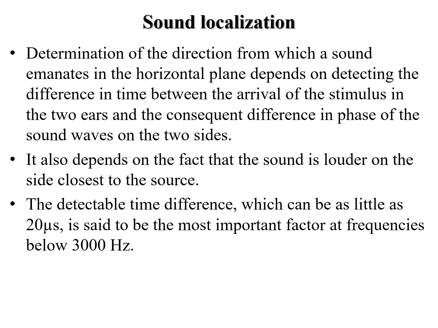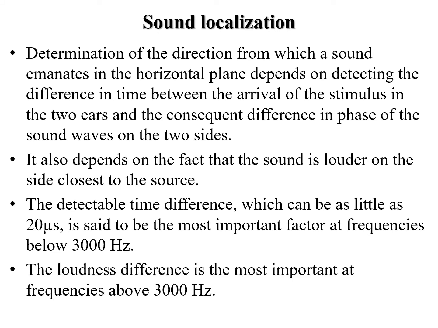Meaning for lower frequency sounds, it's the difference in time between its arrival in the two ears which is more important for us to localize it. For higher frequency sounds, it is the difference in loudness which helps us to determine where it is coming from.